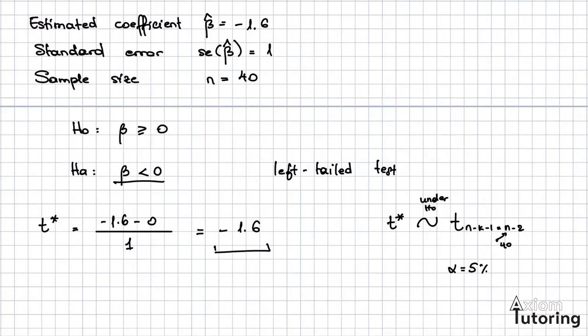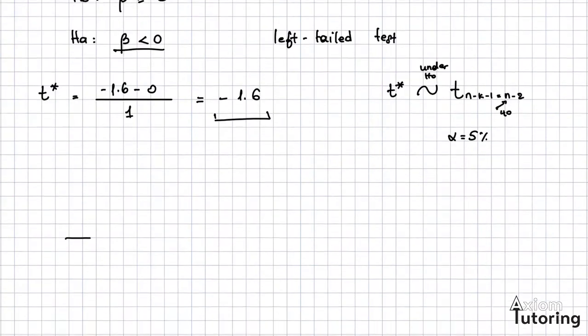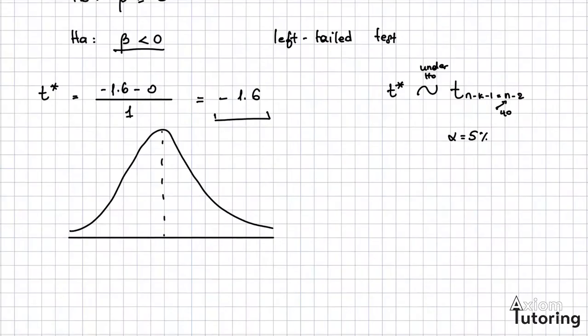So normally the interpretation that we would be looking for, so this is our t-distribution, this is where 0 is, and then this is where minus 1 would have been, so 1 standard deviation. This is where minus 2 would be, and our t-star is minus 1.6, which is right here. So this is the t-star. We're looking to see whether that's extreme or not, okay?